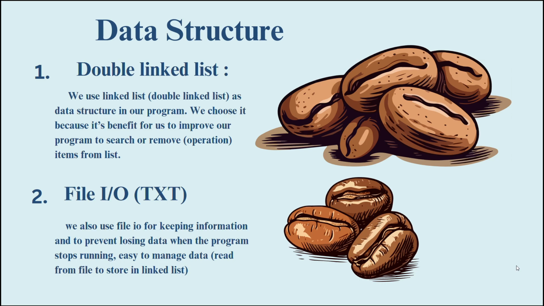It's easy for my team to improve our program to search or remove items from the list, and we also have a file to store and keep information that provides us data. When we stop running, it is easy for my team to read data from the file.